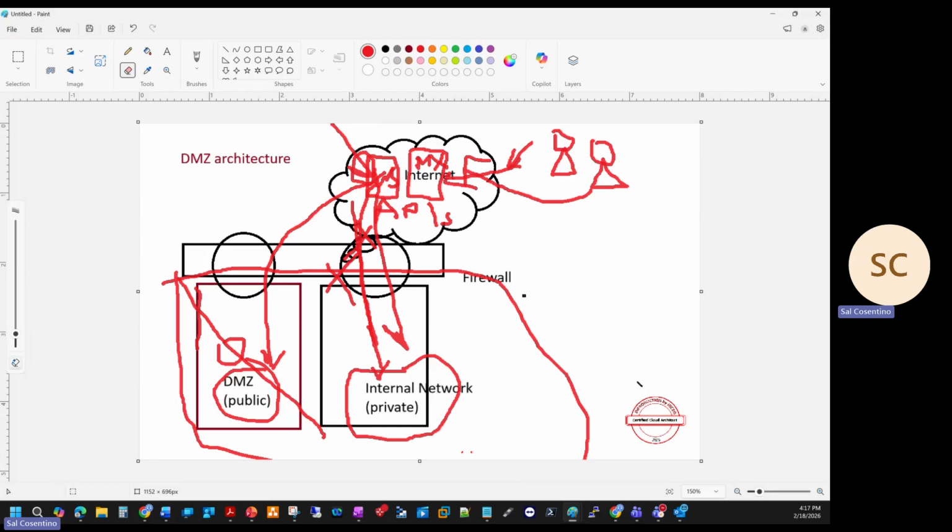Yeah, that's that. And this is where the third option comes in, the three-legged firewall. So we'll talk about the three-legged firewall, and that's another type of architecture I've seen.